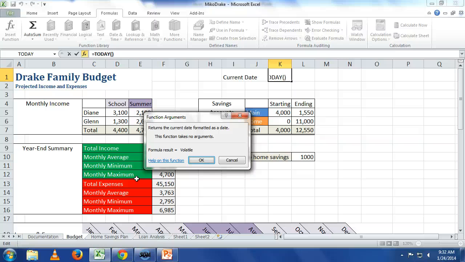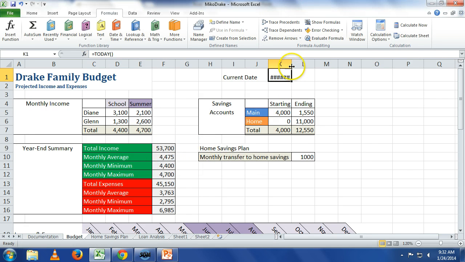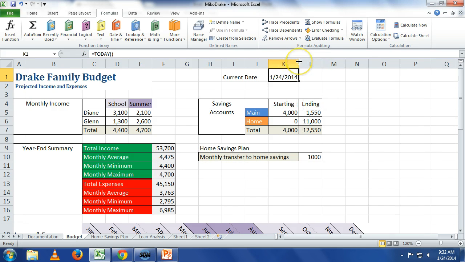It is what it is. I click OK, and it'll put in today's date. Okay, so always this spreadsheet will have today's date in, whatever that might be. Tomorrow I bring it up, instead of me having to change 1/24/2014 to 1/25, it'll automatically do that.